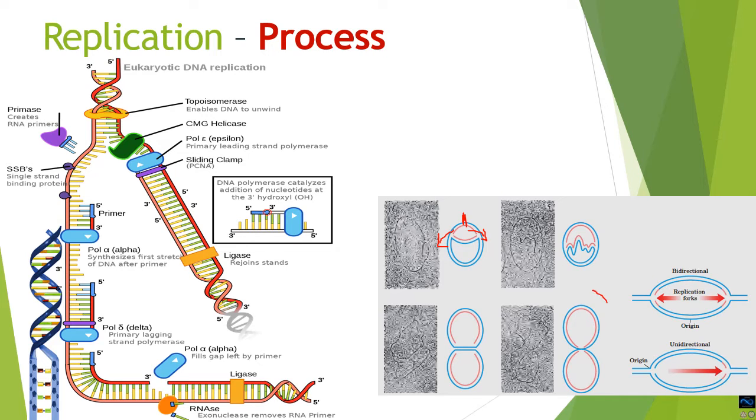Once the replication is completed, two copies are produced, but they are intercalated into each other, which requires topoisomerases to separate them to form two molecules of DNA in the E. coli cell.